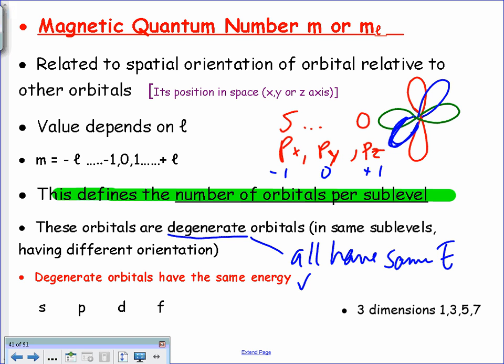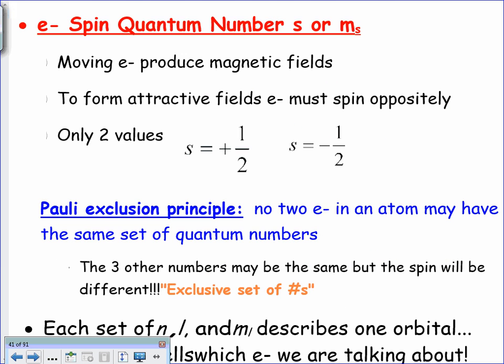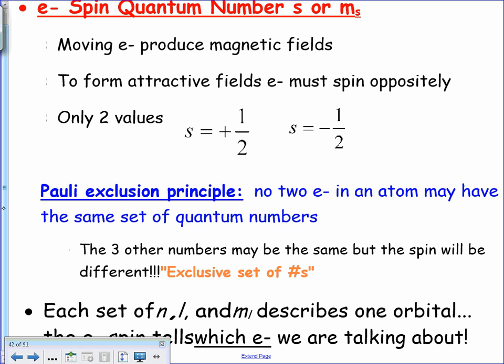And then the spin is going to be in relation to the response to the magnetic field or the electrical field. So s is that last quantum number. I called it just the spin, but s is actually the label for it. The first one is clockwise, the second one is counterclockwise.